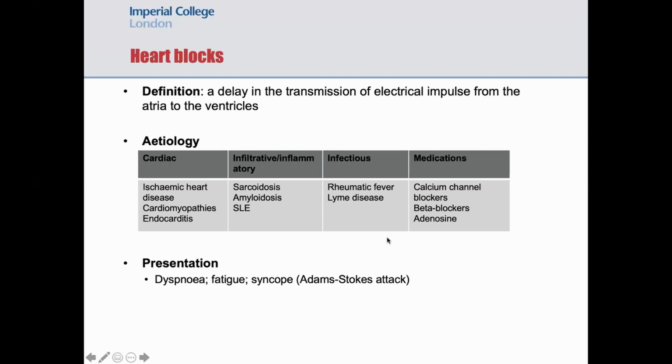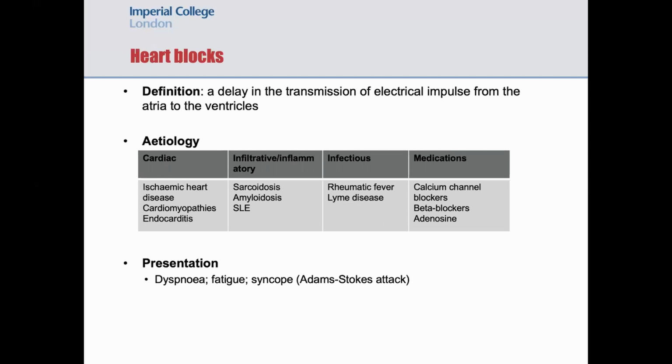In terms of presentation, you can be completely asymptomatic, for example in Mobitz type 1 or first degree heart block, but as you get to Mobitz type 2 and complete heart block, you'll get symptomatic.